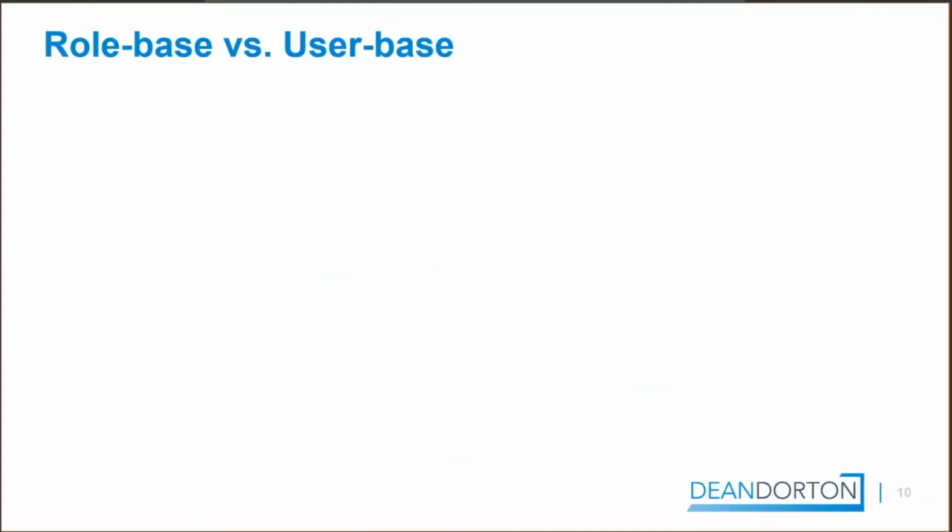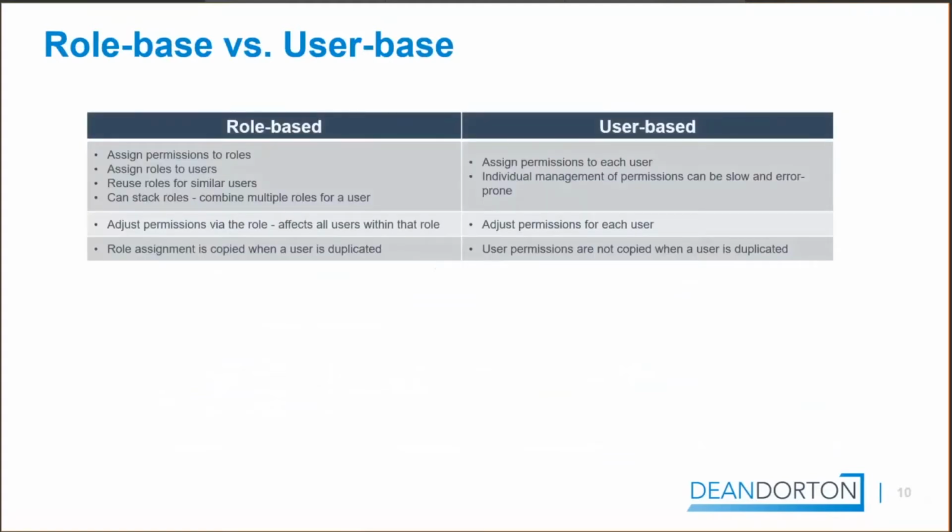So next topic I want to get into with permissions, I want to talk about role-based versus user-based permissions. And just a quick comparison here, with role-based, you can actually assign the permissions to a specific role and then assign that role to multiple users. Okay, so where this becomes very handy is if you have a large organization, multiple people within the same role, you don't have to maintain each individual user's permissions.